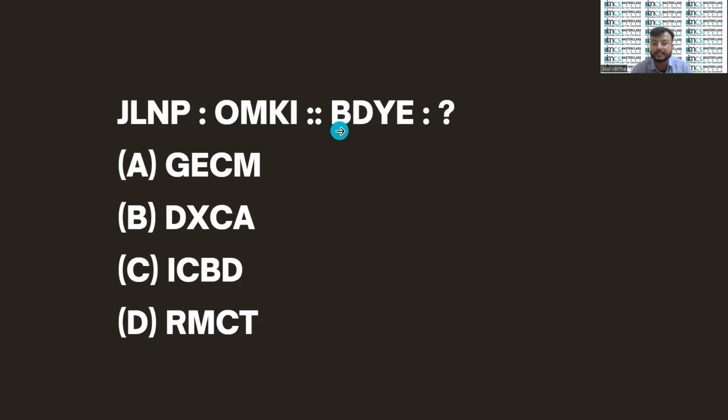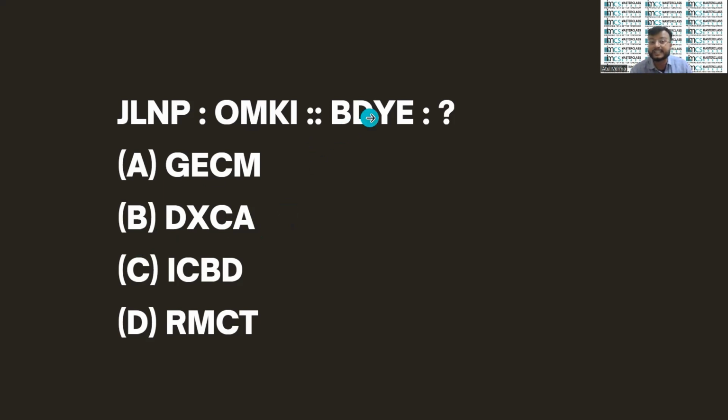Similarly, the letter preceding B is A, and if you see the options carefully, only option B has A as the last letter. Hence, the correct answer might be option B. But again, right now we are at the stage of partial logic. Then let's try to check.